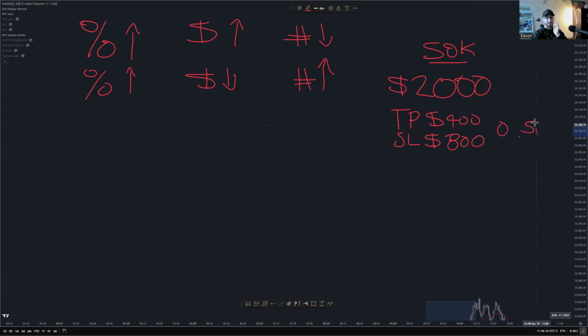Your risk to reward is 0.5 RR. So it's half R for this strategy. To reach your goal, you need 5 profitable trades in a row to hit your goal. So 1, 2, 3, 4, 5, right?